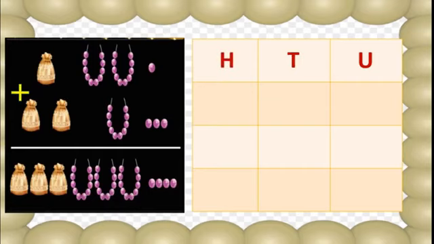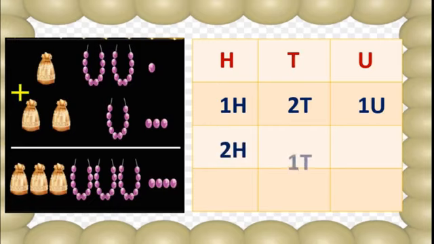Now in the first row, how many hundred is there? 1 hundred, because 1 purse of 100 beads is there, and tens, 2 tens, and units how many are there? 1 unit. 1 U means unit. Okay. In the second row, we have 2 hundreds, 1 ten and 3 units.